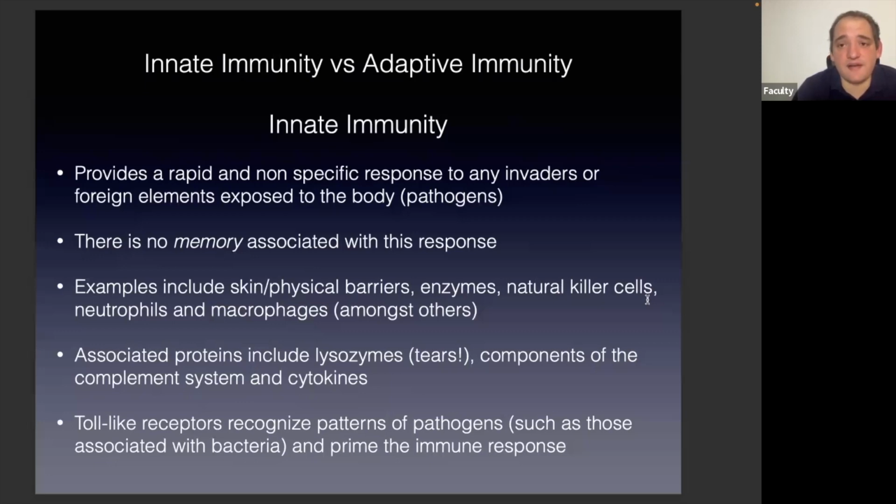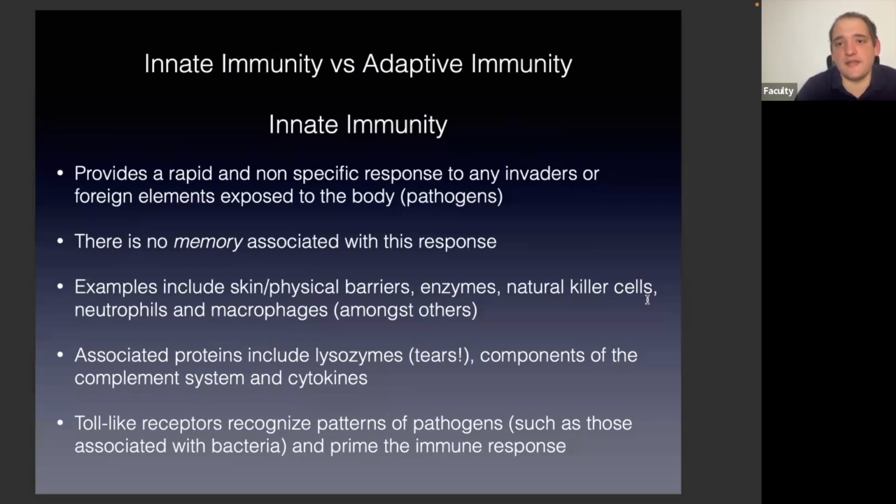When you have an infection like pneumonia, for example, every season there are new pneumonia vaccines, and part of the reason for that is because the different bacteria, the different strains, change each year. Now, if they didn't, it'd be great because then our body could have memory for them. But if they change, it's more difficult for our body to have this memory. But going back to innate immunity, it's just rapid and non-specific.